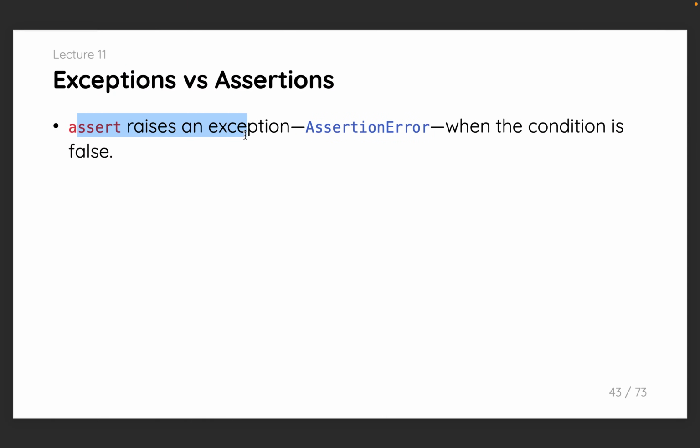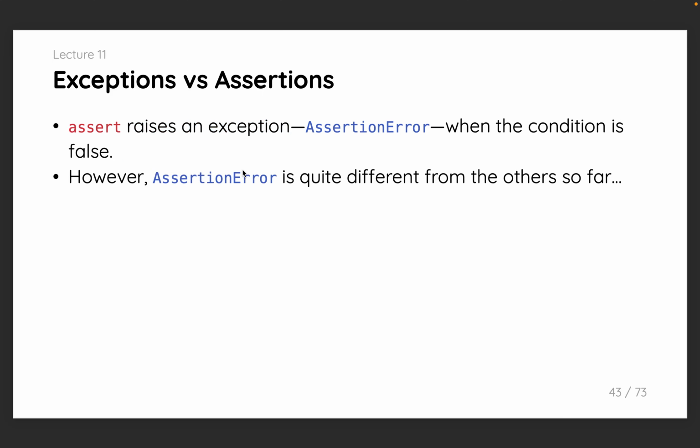So assert raises an exception if the condition is false, but it's slightly different. The reason it's slightly different from all of the other errors, value error, name error, etc., is that you're not actually supposed to catch it.